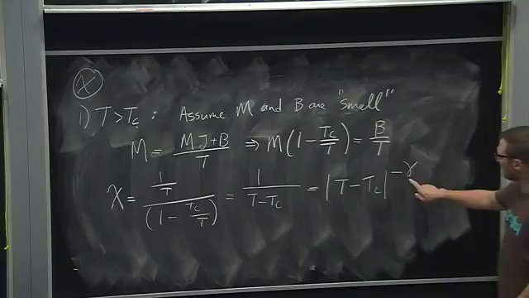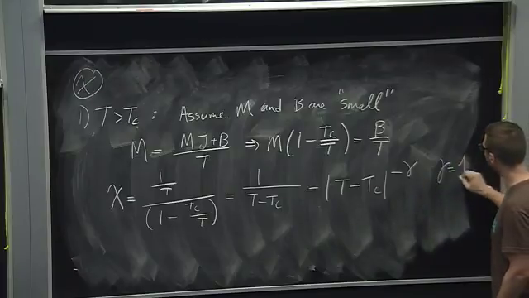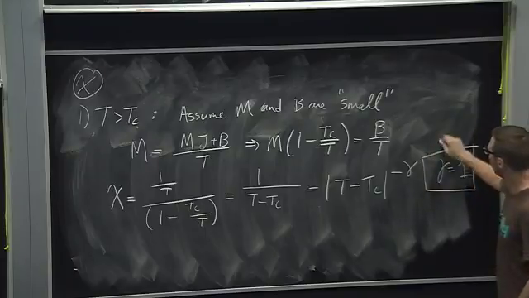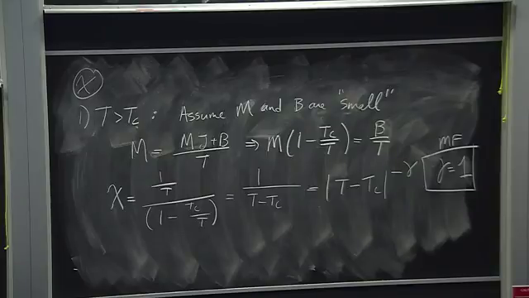So here I have a critical exponent, gamma, and it's equal to 1. That's the mean field critical exponent for the susceptibility as you approach the transition from above.